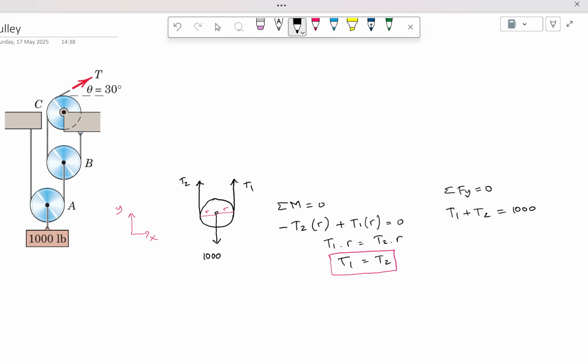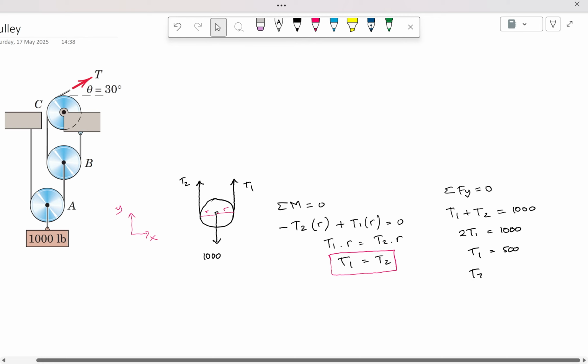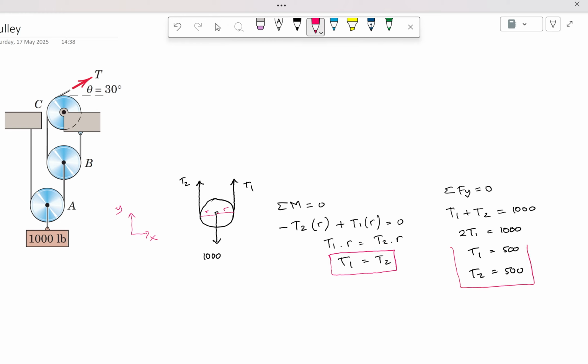Since T1 and T2 are equal, it means T1 plus T1, because T2 is T1, so 2T1 equals 1,000. Your T1 is now 500, and your T2 is also 500. Okay, and this is at pulley A. I hope it's clear.